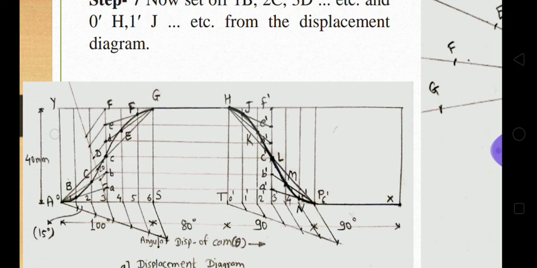So in the displacement diagram you know the distance from, suppose, C to 2.